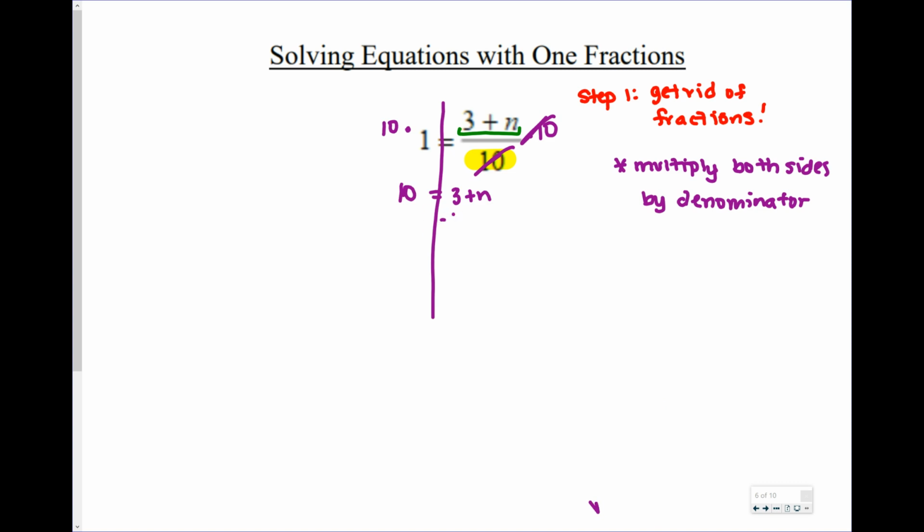If I want to just keep going, I'll subtract the 3 on both sides. Those cancel out. 10 minus 3 is 7. 7 equals n, and I'm going to rewrite it so it looks pretty. And I get n equals 7. So suddenly a very complicated equation with a fraction became much more simple. Okay, and that's what we're trying to do here, is to get rid of these fractions in a simple way to help us get to an easier equation.